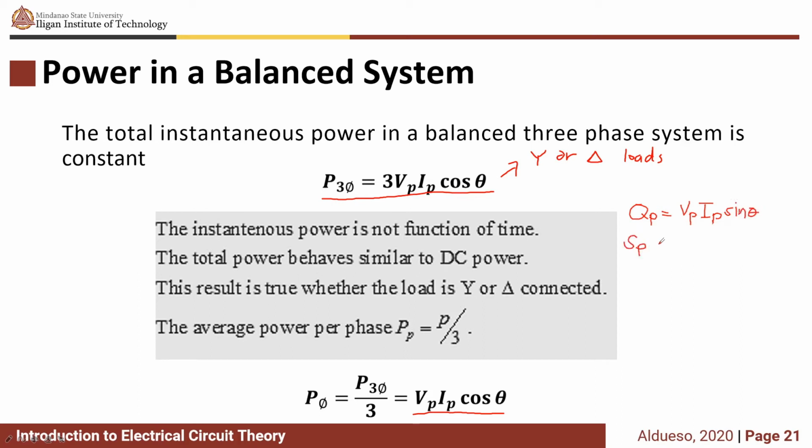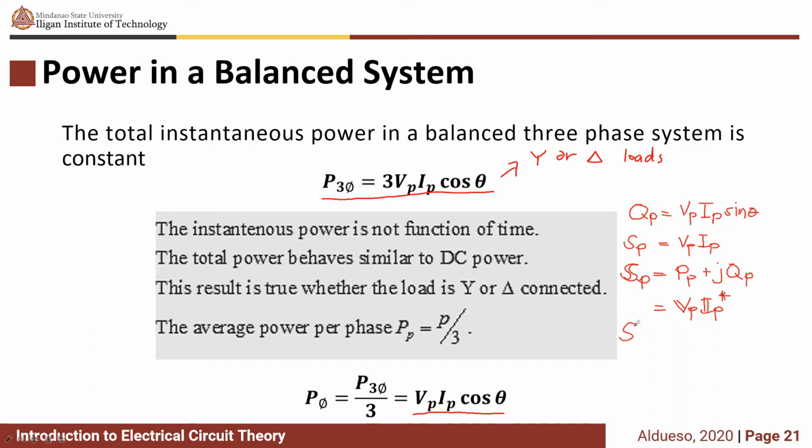And the apparent power is equivalent to the magnitude of Vp multiplied by the magnitude of Ip. The complex power per phase is equivalent to the real power per phase plus j times the reactive power per phase, or this is just equivalent to Vp times the conjugate of Ip, where the Vp here and Ip here are complex numbers.